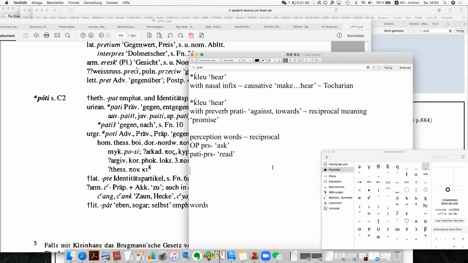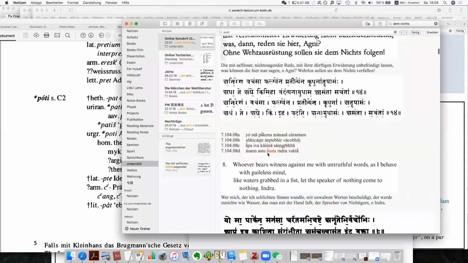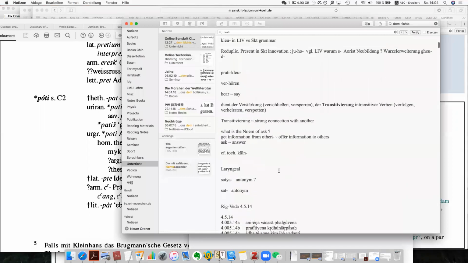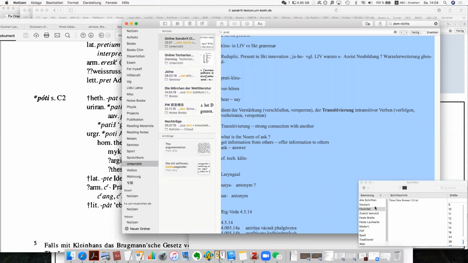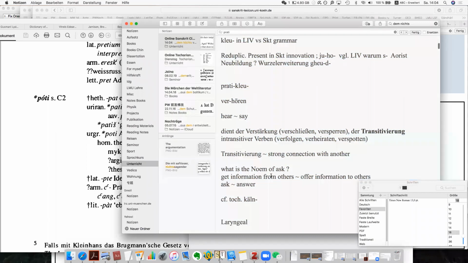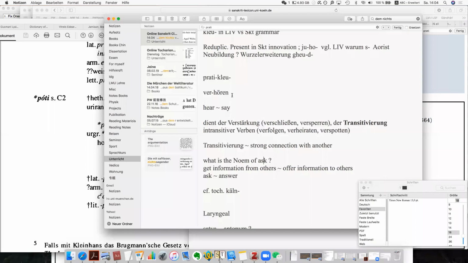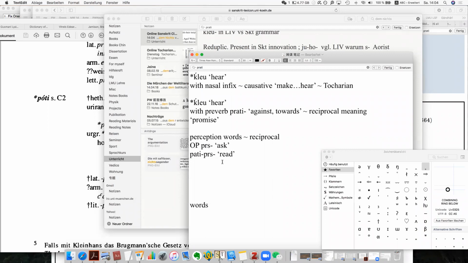And before we move on, let's make a stop, and we are going to talk about the word. And then, as I said, you can also compare the German word hören and verhören.